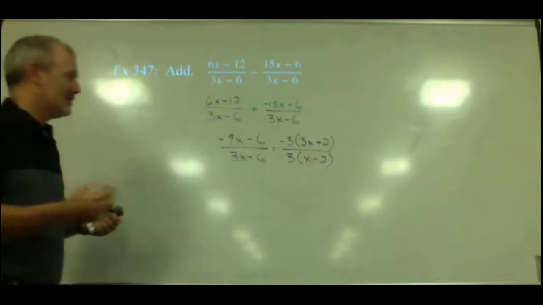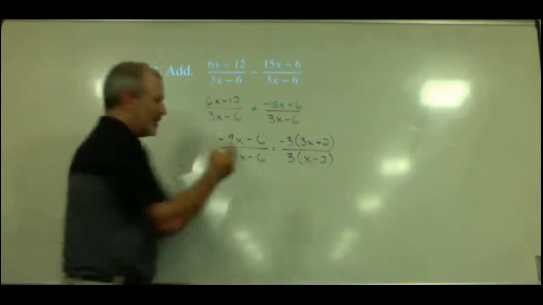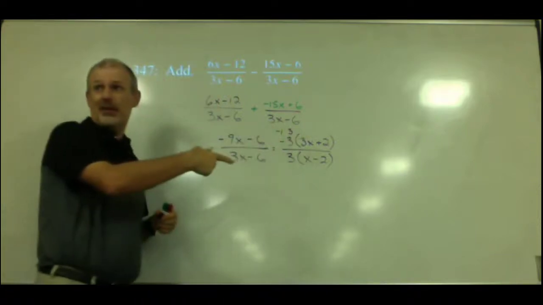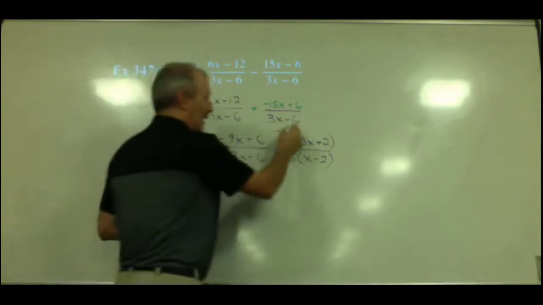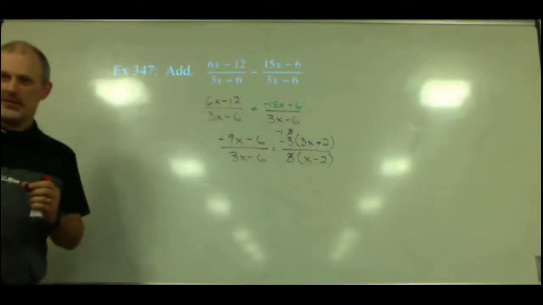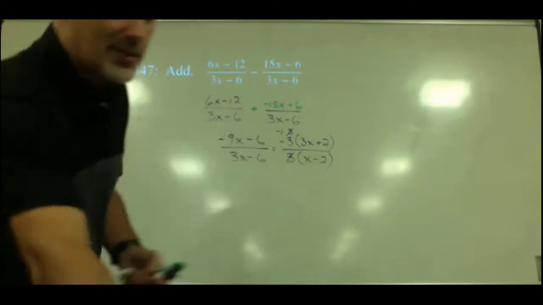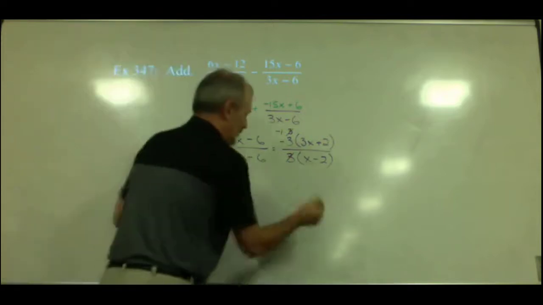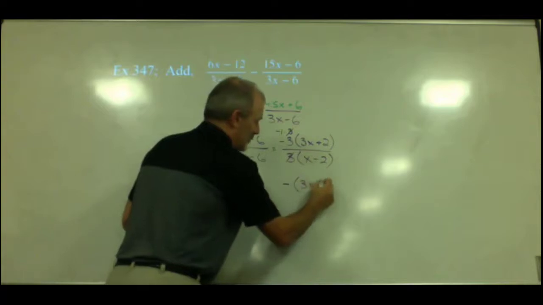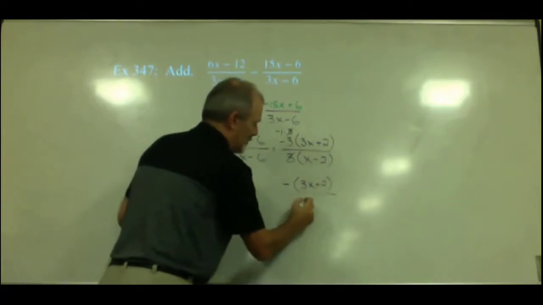The 3's. Now remember, this really means negative 1 times 3 when we have a negative 3, right? So we're canceling the 3's. Does that make sense? The negative 1 will stay there. So I would write that answer, and you don't have to write the 1, but a negative and then 3x plus 2 over x minus 2.